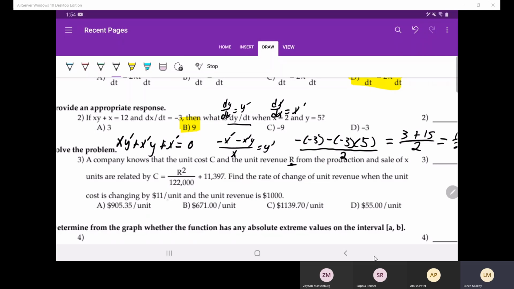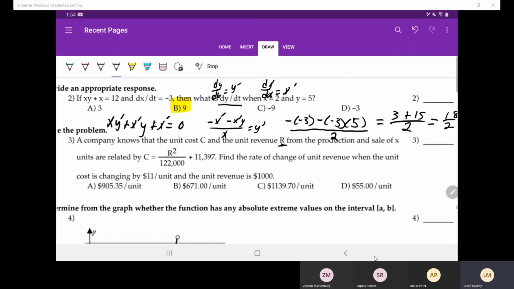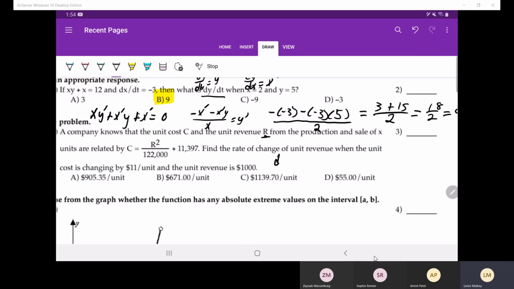So the unit cost is C. So we want to find dr dx, and dc dx is 11. Unit cost is changing by 11.